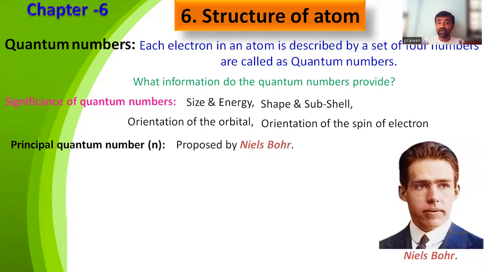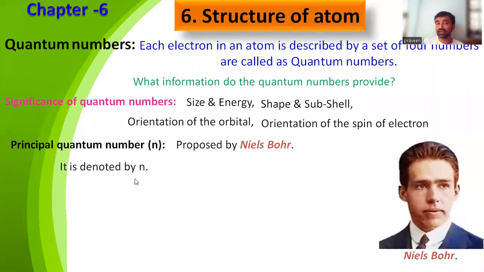So the principal quantum number is considered the main energy level. The energy levels around the nucleus are considered orbits, and these orbits give the size of the atom. It is denoted by the letter n.